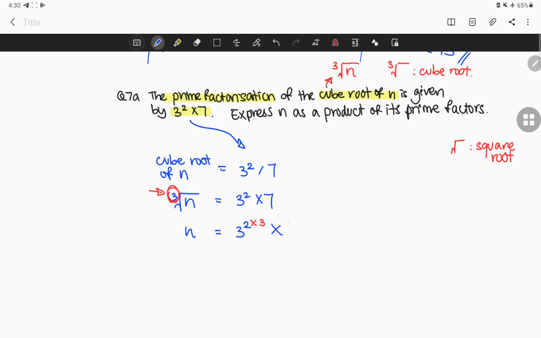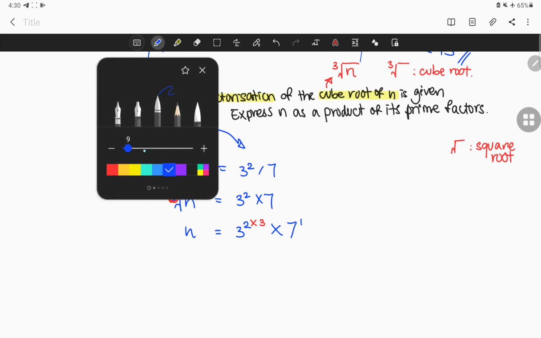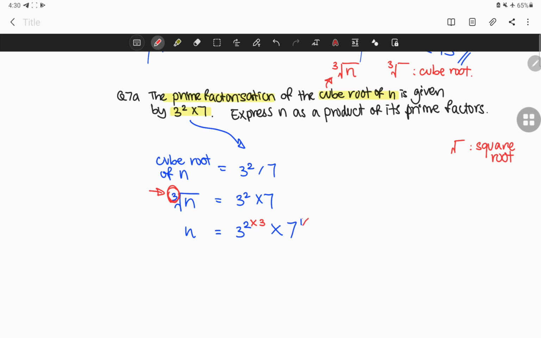We mustn't miss out our 7. 7 is to the power of 1 multiplied by 3 as well. The 1 is because, although we don't write it, the number in the power here should be equal to 1. So therefore we will have 3 to the power of 6 multiplied by 7 to the power of 3.